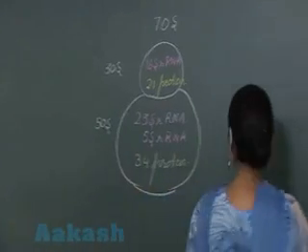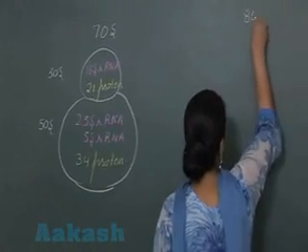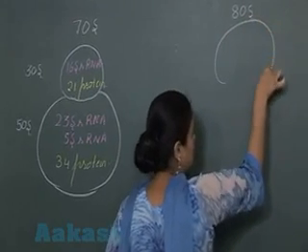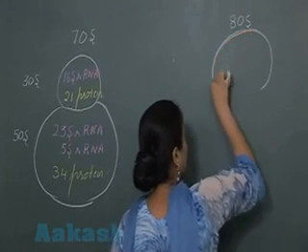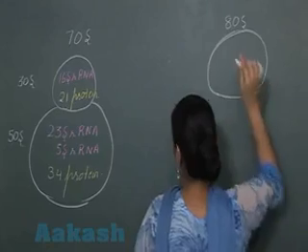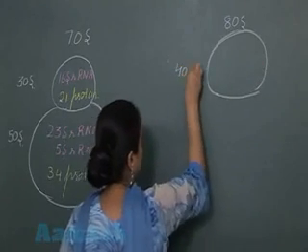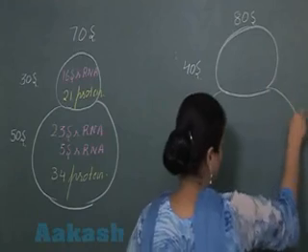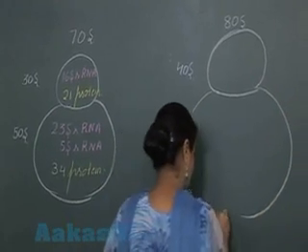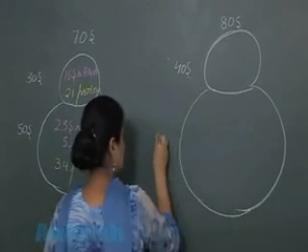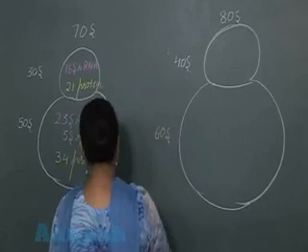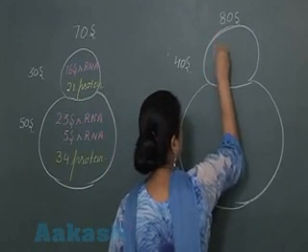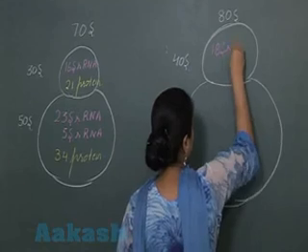Now coming to the second one, that is 80S type. 80S type के अंदर जो smaller subunit है that is 40S और जो larger subunit है that is 60S. Smaller subunit के अंदर जो RNA present है that RNA is 18S ribosomal RNA.